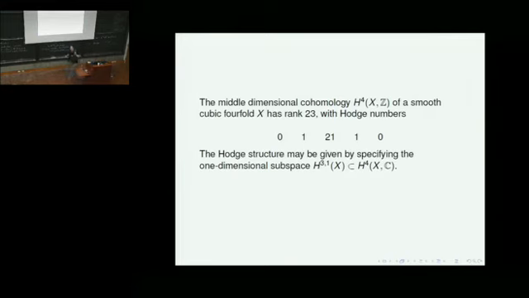If you specify that one-dimensional subspace, that determines H^{1,3}, because that's the complex conjugate of H^{3,1}. And the middle piece, H^{2,2}, is the orthogonal complement of the direct sum of those two. So the Hodge structure is specified completely by specifying that one-dimensional subspace H^{3,1}.